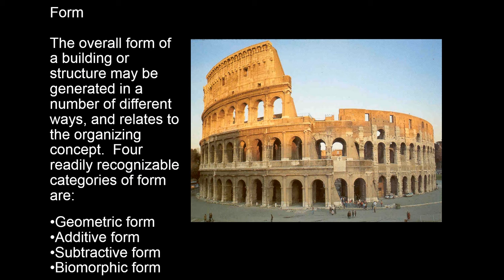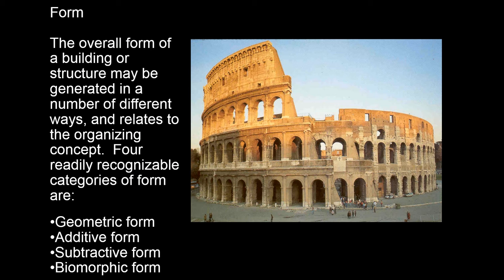What is the overall form of the building? In simple terms, it's not always possible to do this, especially not with contemporary structures. You can look at the form of a building and say, it's a box, it's a drum, it's a sphere, it's a pyramid, right? So you guys can see those initial basic shapes.